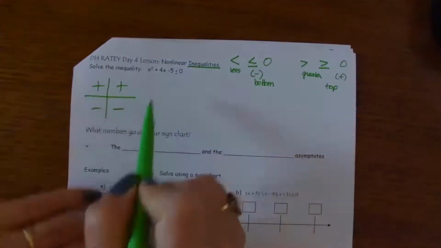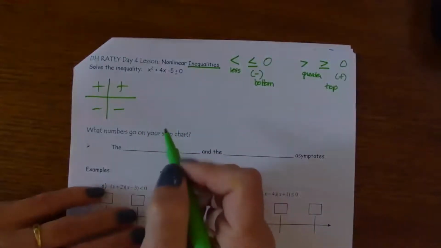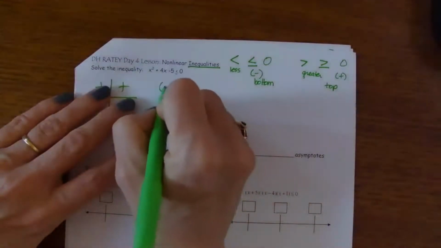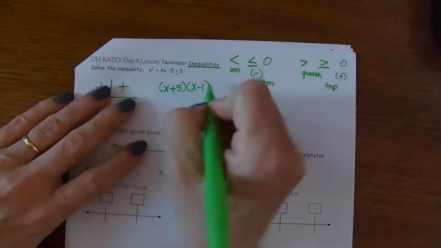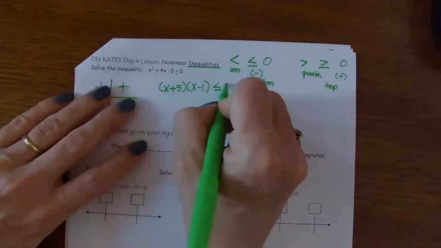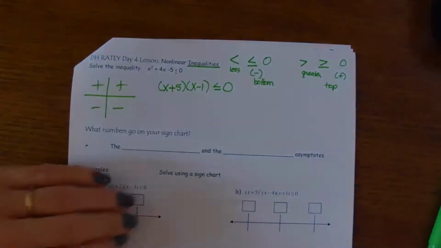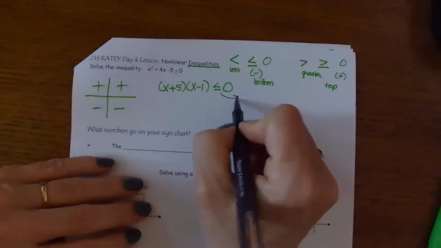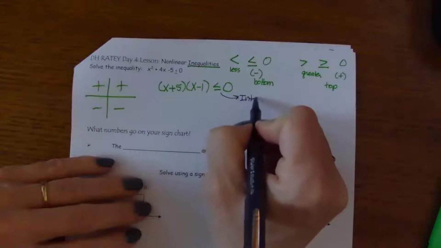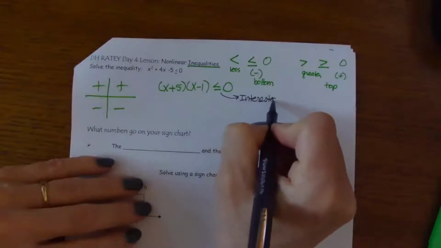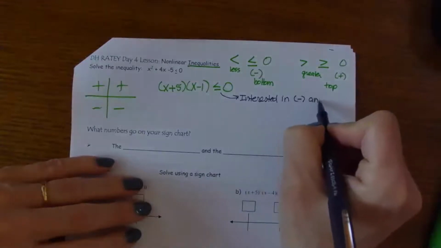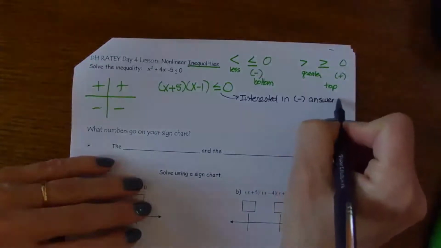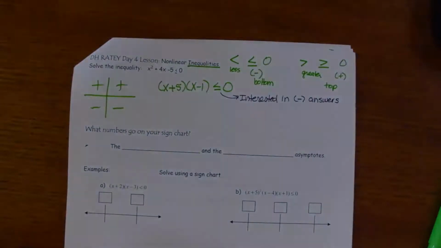So let's look at this one. How would you solve this? You would factor first, right? So let's factor. Because this says less than, you are interested in negative answers, right? So the first thing you got to do is factor.